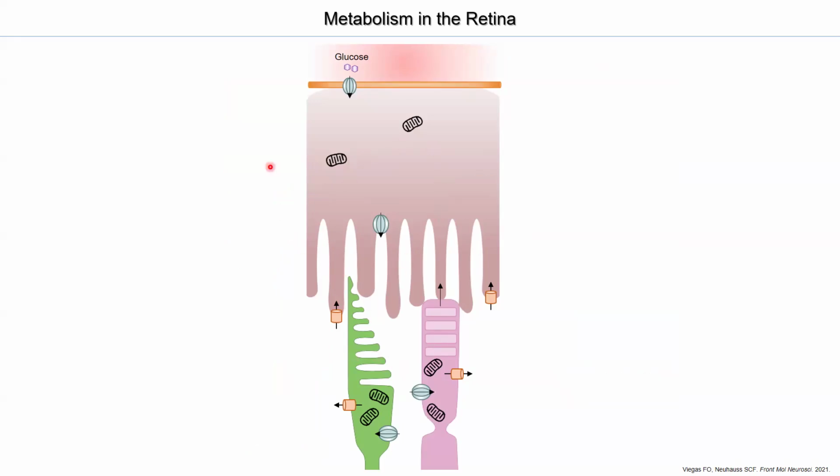The basic hypothesis that we have now is that glucose is taken up by the RPE, and even though the RPE could use this for glycolysis, right now it's been said that the glucose is actually transported to the photoreceptors, and the photoreceptors use it for energy production.